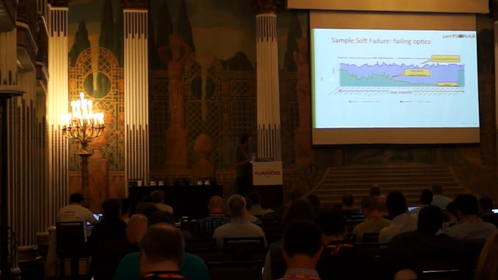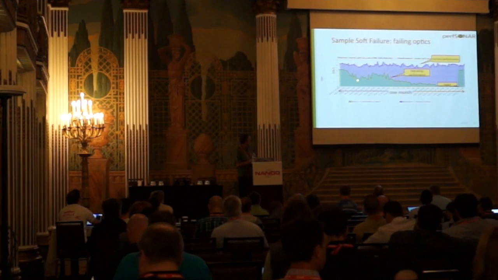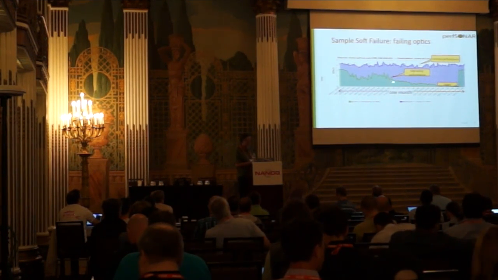Here are just a few examples that we've seen over the last few years. Here's an example of a line card that slowly started to fail. I guess this is over the span of about a month. Performance gradually went down and down and down.